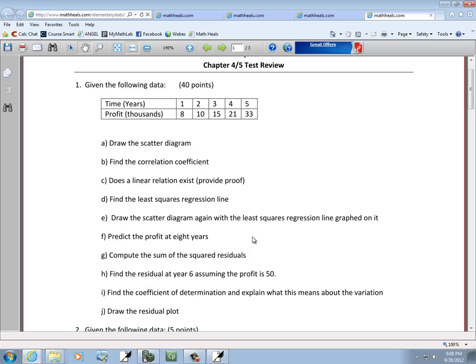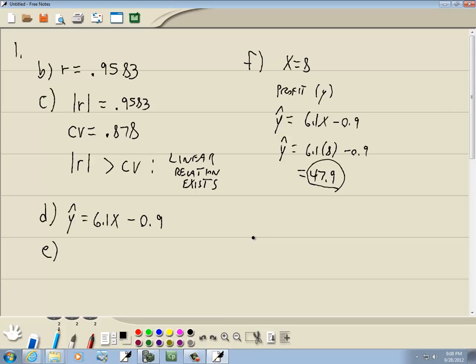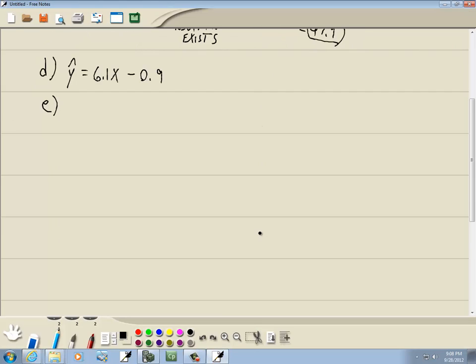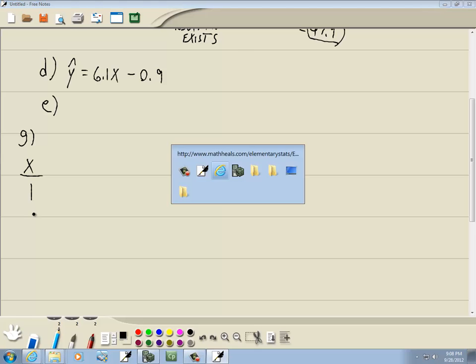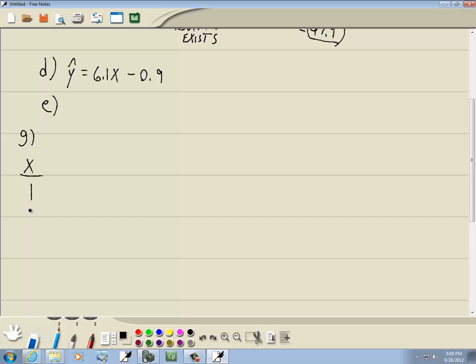Let me see. G. Compute the sum of the squared residuals. So G. We got our x values, which I think were 1, 2, 3, 4, 5. We got our y values, which were 8, 10, 15, 21, and 33. And y hat, which we got the formula for.